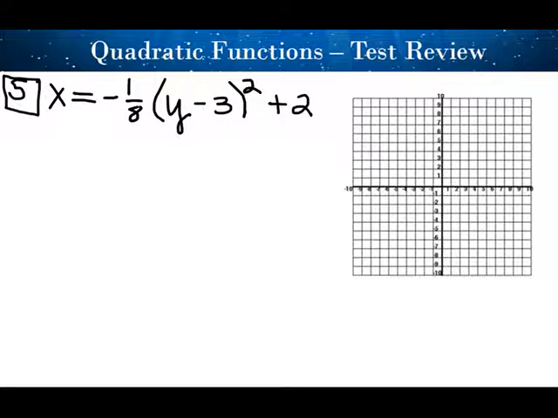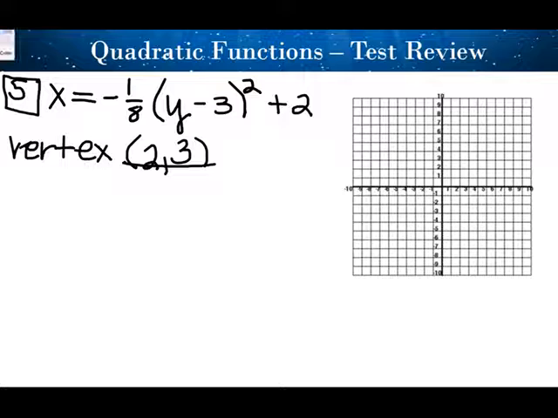For number 5, we have another problem where we're graphing the parabola using the focus. And so we're going to start with the vertex again. And that is going to be at 2, 3.